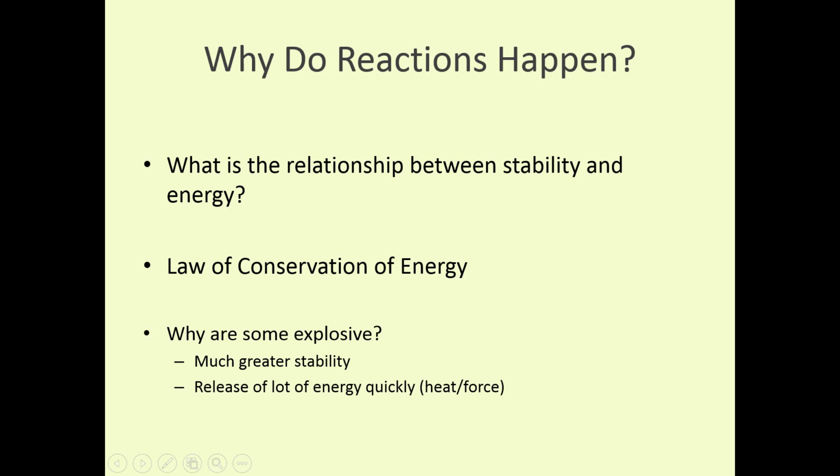Okay? All right. So why do these reactions happen? What's the relationship between stability and energy? Well, lower energy equals more stable. So a chemical reaction will usually happen, or a lot of times it'll happen for one reason at least, so that the products are more stable or lower in energy.